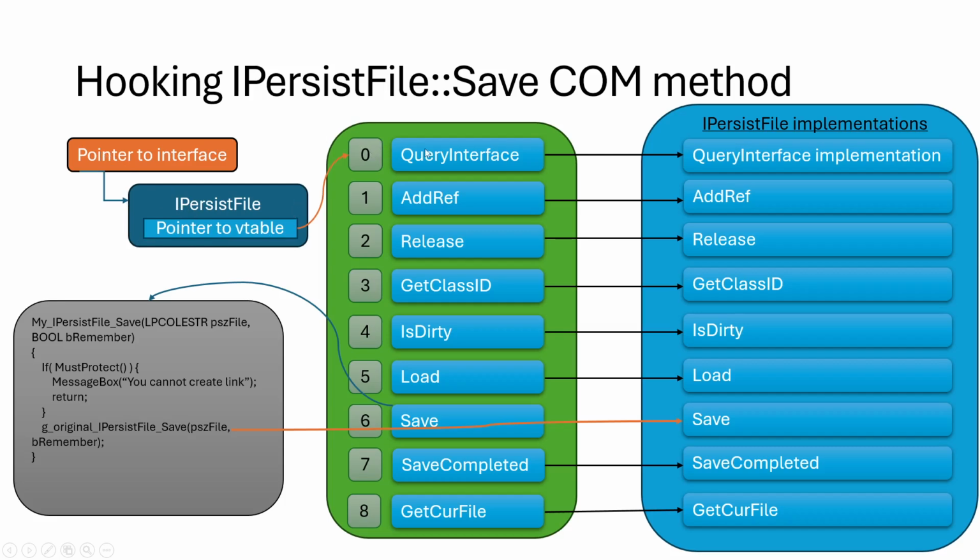The vtable has these first three methods: QueryInterface, AddRef, and Release. This points to the implementation of QueryInterface, this one to AddRef, and this one to Release. Then there is this other one that is from IPersist, and then this belongs to IPersistFile. That is the one that I want to hook.